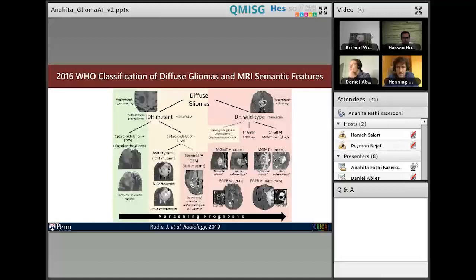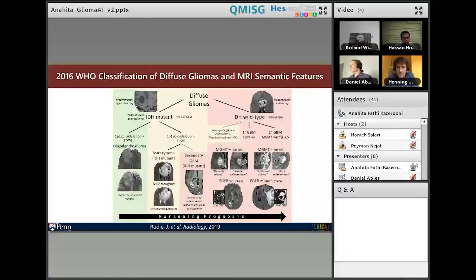Okay. So the classification of WHO in 2016 was based on a combination of radiology, pathology, and genomics, showing that based on the morphology seen on pathology slides, molecular testing should be done.